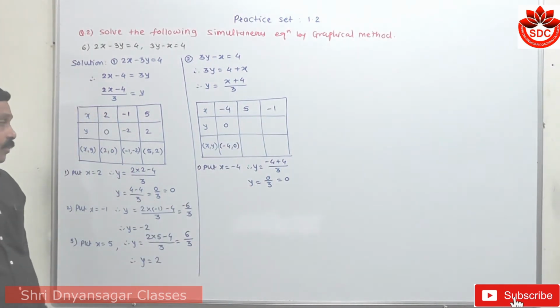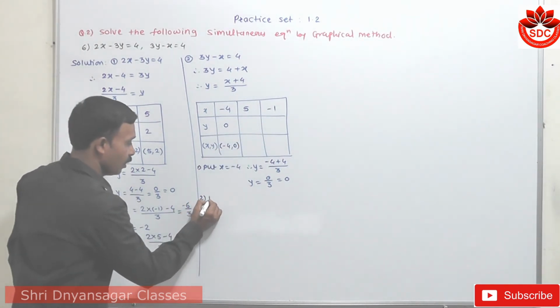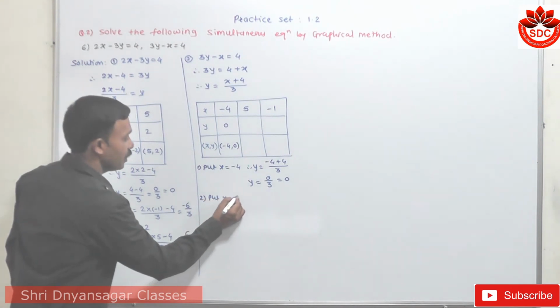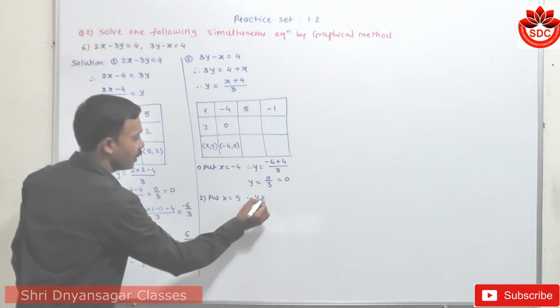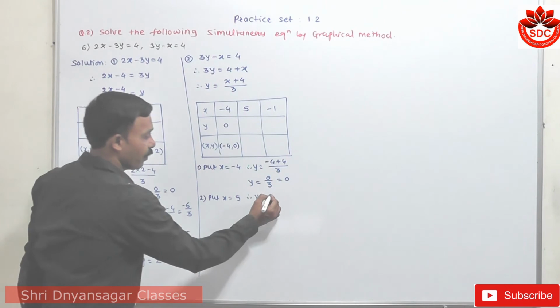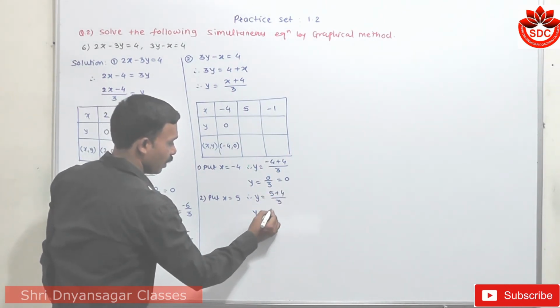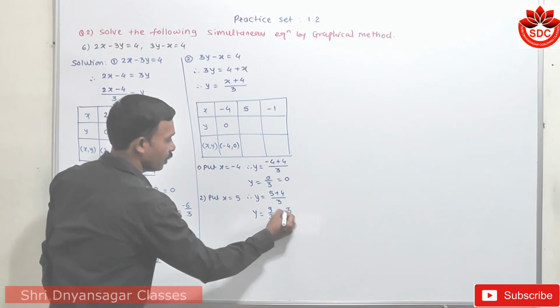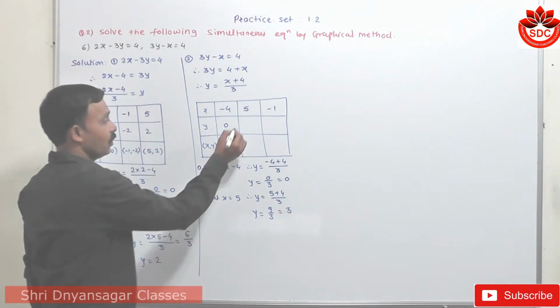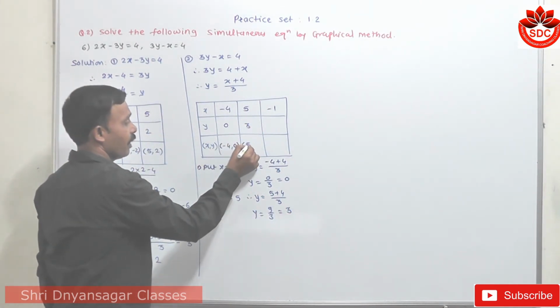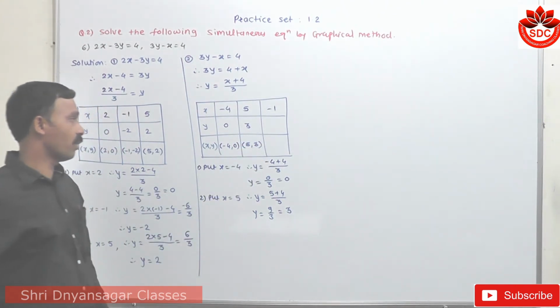Signs are most important. Second, put x is equal to 5, therefore y is equal to 5 plus 4 upon 3, means 9 upon 3, which becomes 3. So this is 5 and 3. This is the order here.